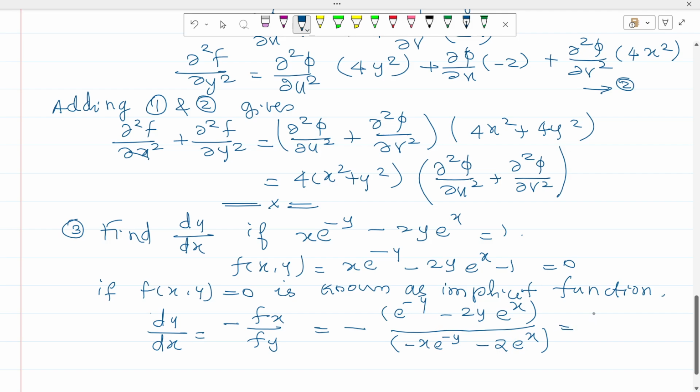So that is (e^(−y) − 2y e^x) divided by (x e^(−y) + 2 e^x). It is a very simple problem. The differentiation of implicit function is a very simple problem.